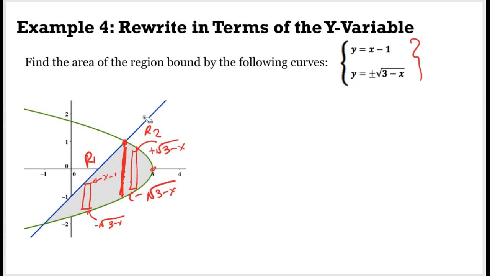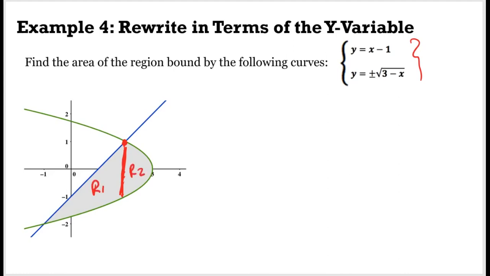So let's clear some of this out. So region 1, region 2, and again, that's because my Riemann rectangles have different top and bottom functions. So region 1 is equal to the integral of x minus 1 minus the negative square root of 3 minus x dx.